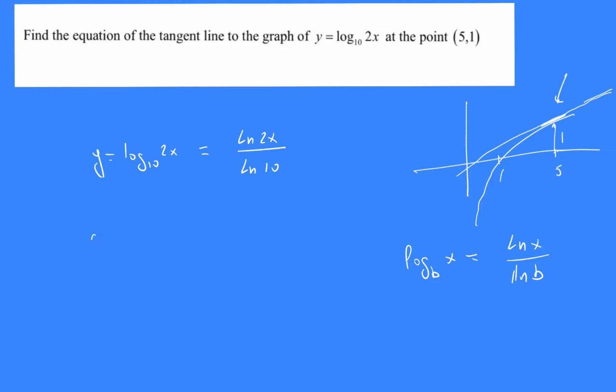The derivative of the function with respect to x at the point x equal 5 will be, what is the derivative? This is a constant. And the derivative of the natural log of 2x is 1 divided by 2x by the derivative of 2x. The derivative of 2x is 2. So it will be 1 divided by the natural log of 10 times 1 divided by x.